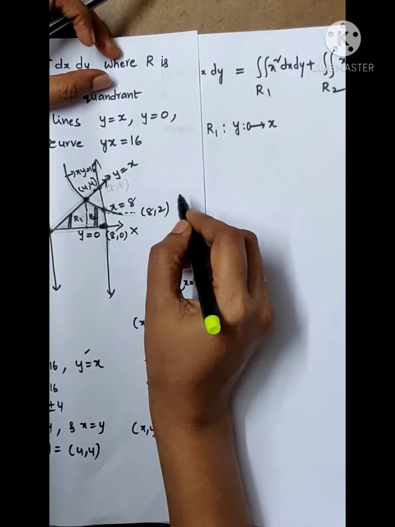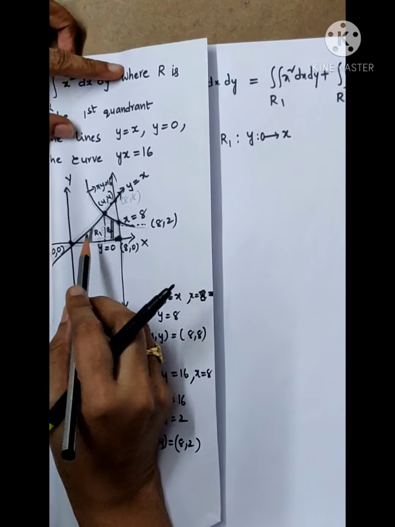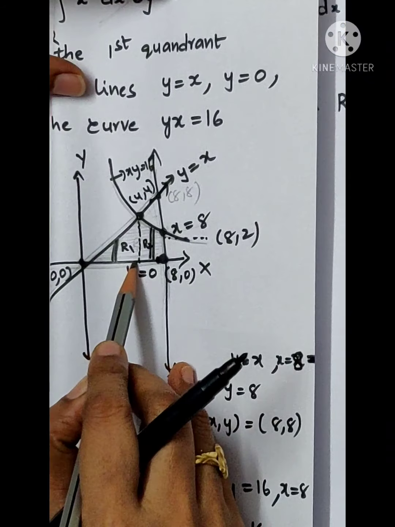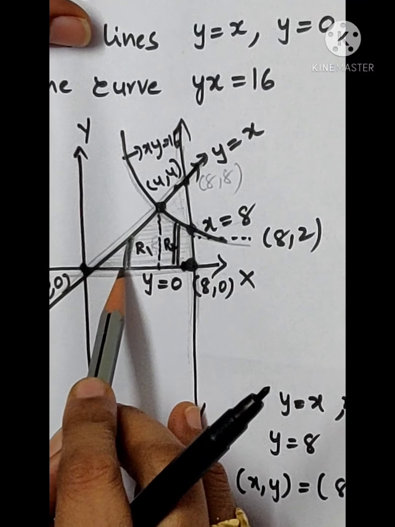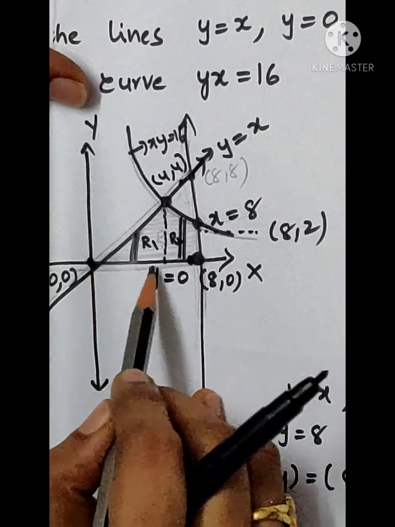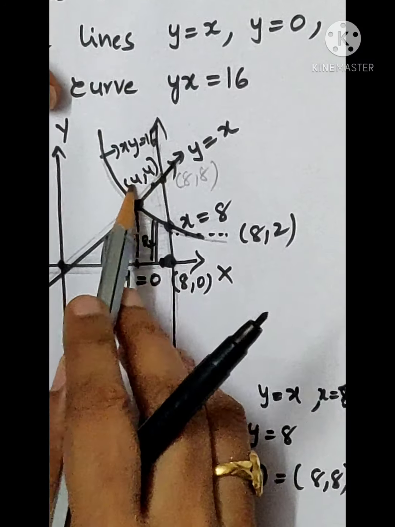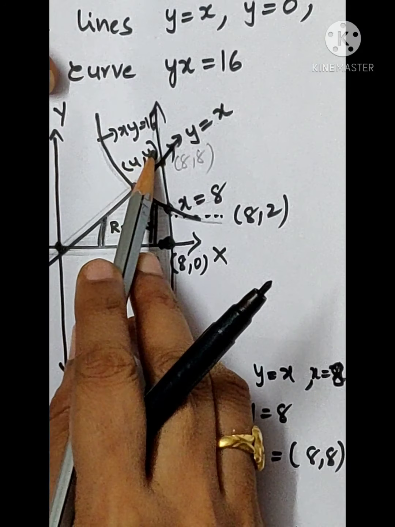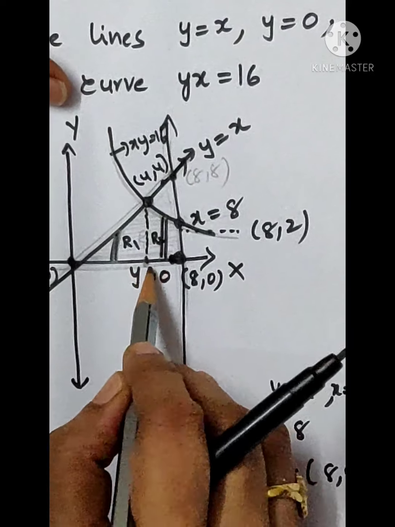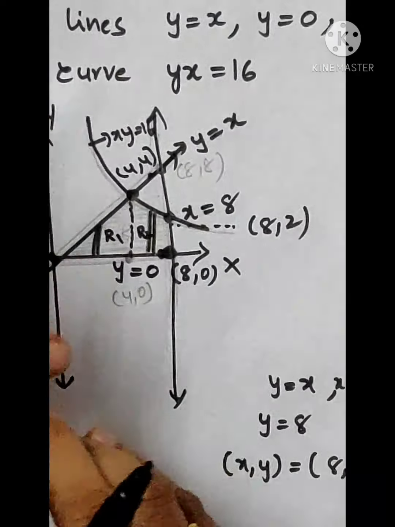So y limits are from 0 to x. This is the R1 part. Y limits 0 to x, and this point of intersection we have to determine. This point is 4, 4. Along the x-axis, how many units distance? 4 units distance. So this is the point 4, 0.